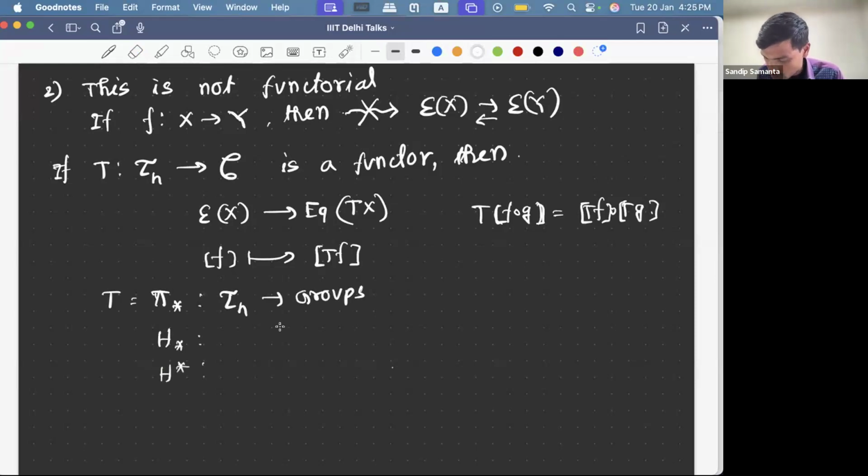All of those send to groups. The cohomology one is contravariant, so you have the map in the other way, but still we have the map.